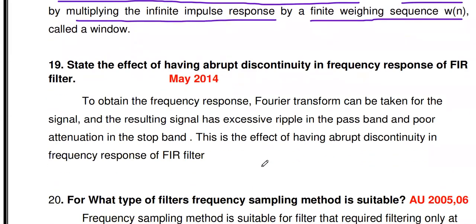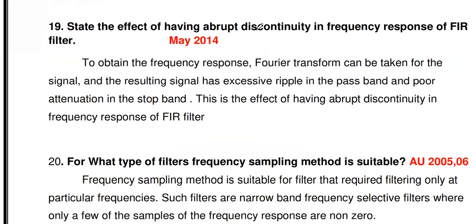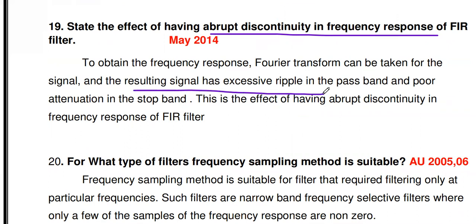Then the next one: state the effect of having abrupt discontinuity in the frequency response of FIR filter. This is also one of the 2-mark questions. To obtain the frequency response, the Fourier transform can be taken for the signal, and the resulting signal has excessive ripple in the pass band and poor attenuation in the stop band.